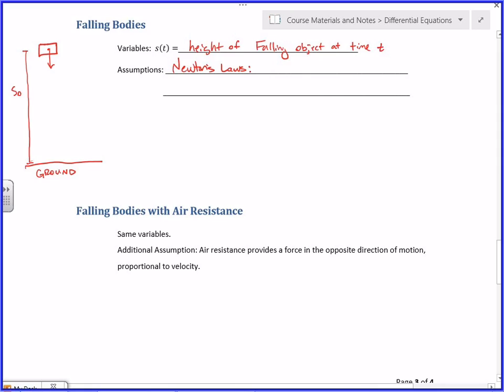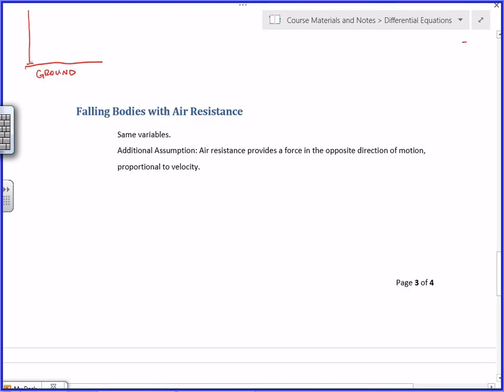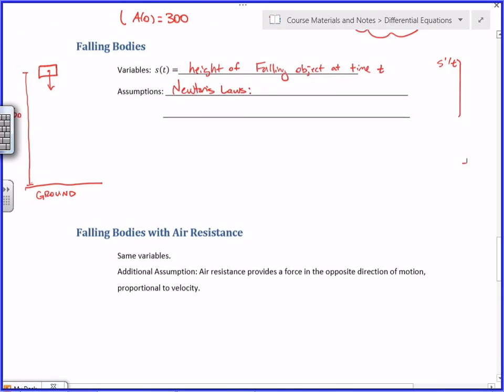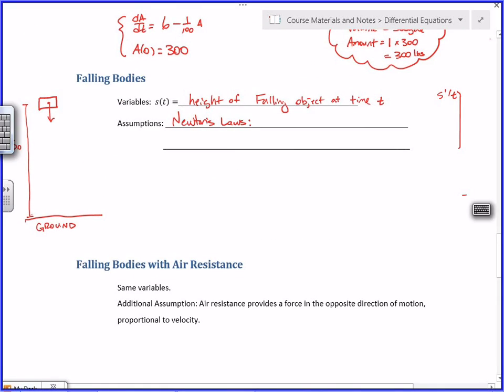So if s of t is the height, s prime of t is the first derivative of the position function, which is velocity, since it has direction. And s double prime of t would be acceleration.